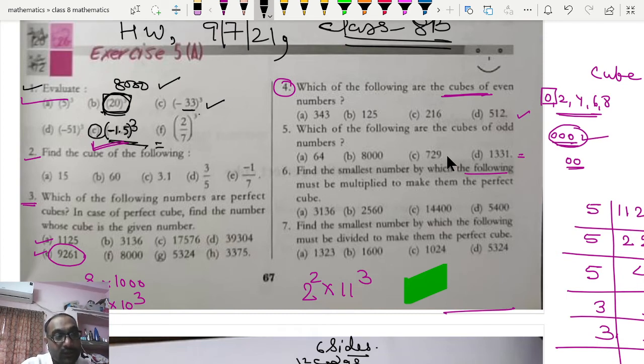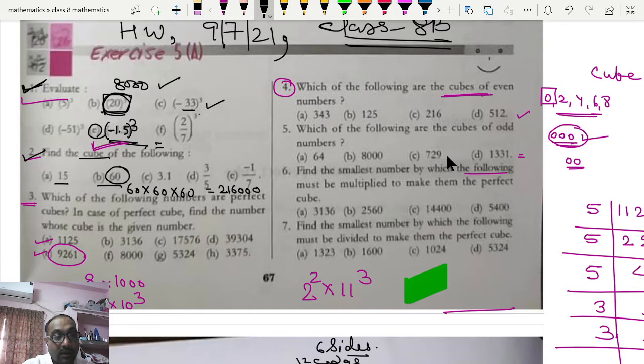The first question is nothing more, only to multiply the number 3 times. The second question is also the same. If there is 60, then the cube of 60 will be 60 into 60 into 60. It means 6 into 6 is 36, into 6 is 216, and 3 zeros will come. This is the cube of 60.